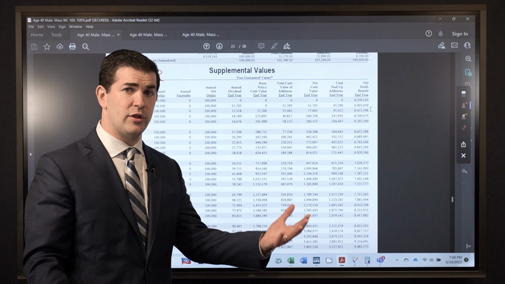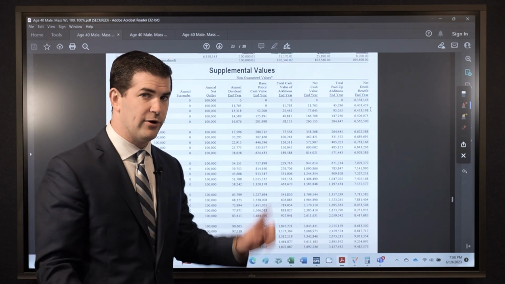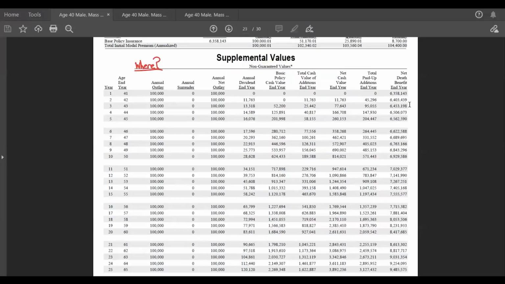It can be directed toward the premium or toward your paid up additions rider, your PUA rider. Now you'll see different terms for the PUA rider with this company, but you won't see any column for the PUA rider up here because this is a 100% base premium policy. This column where we see base policy insurance represents, guess what? The base premium on the policy.